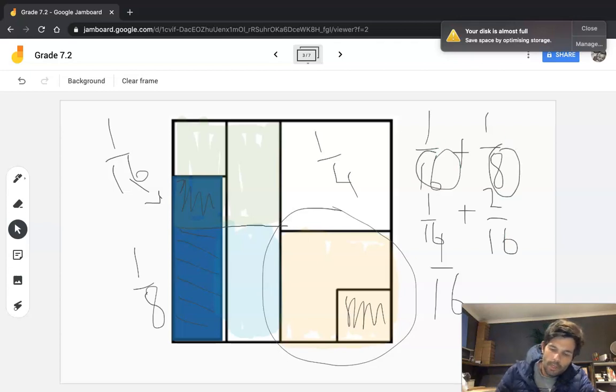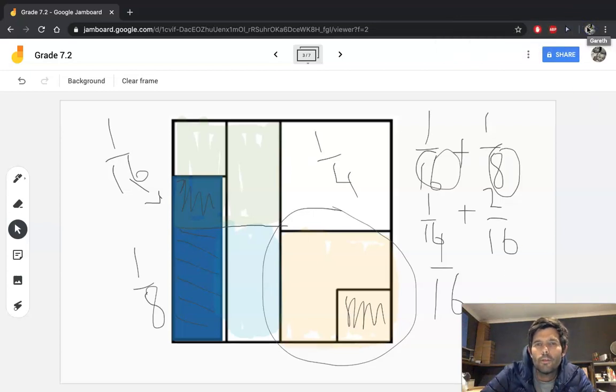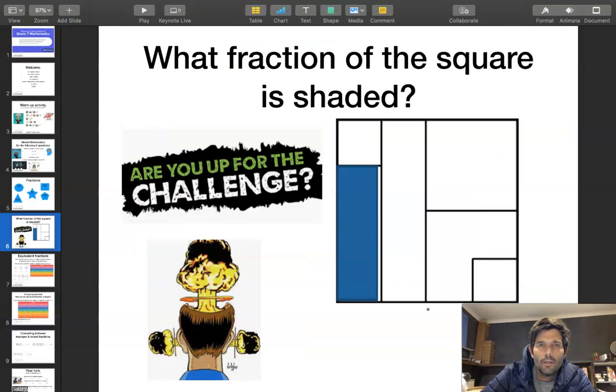So that blue section is going to be worth 3/16. So quite a tough one for you guys to sink your teeth into. I encourage you to go back and give it some thought. And again, let me know if you have any questions. I'll be more than happy to answer them at the beginning of the next lesson.